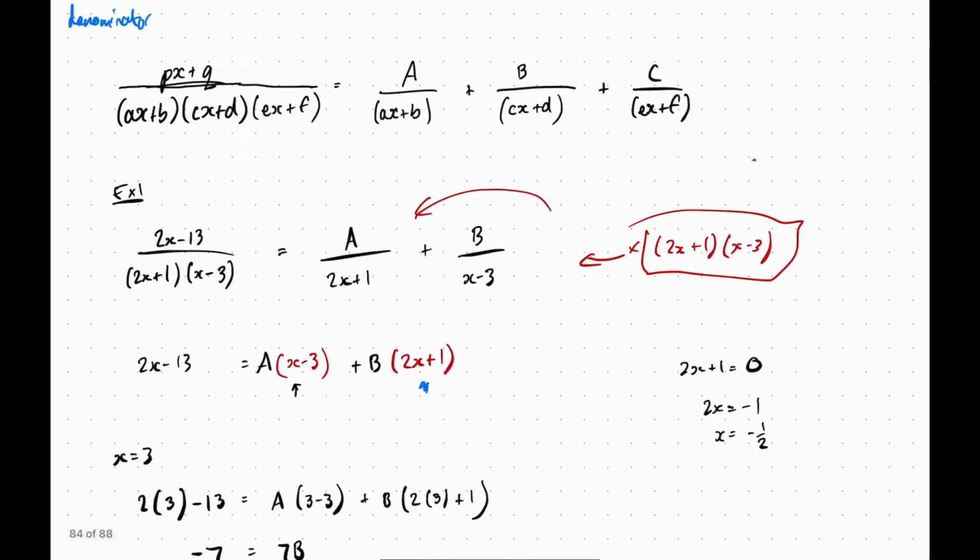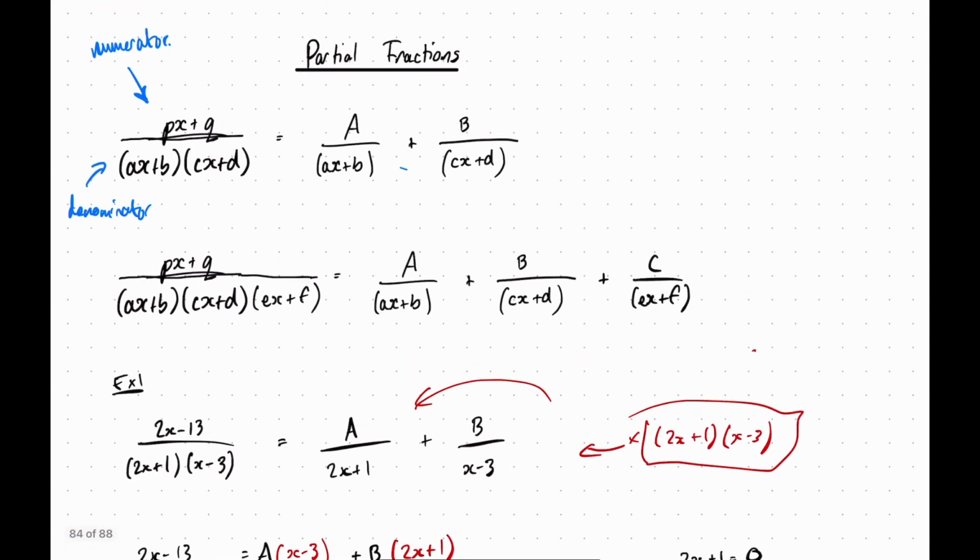This is the partial fraction term where you've got a numerator such as px plus q. It could be a quadratic, by the way. That could be a quadratic on top over a quadratic on the bottom. If it was a quadratic on top and bottom, there's something we have to do first, and we'll look at that in a second.